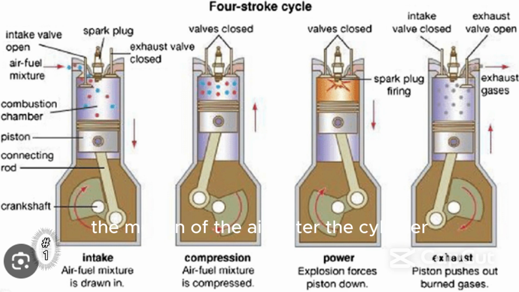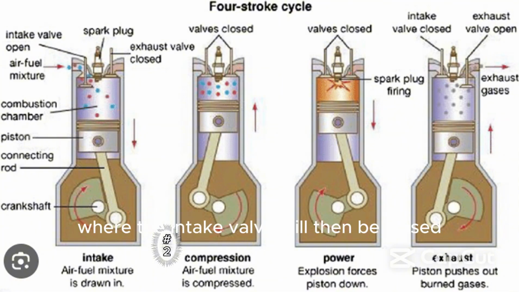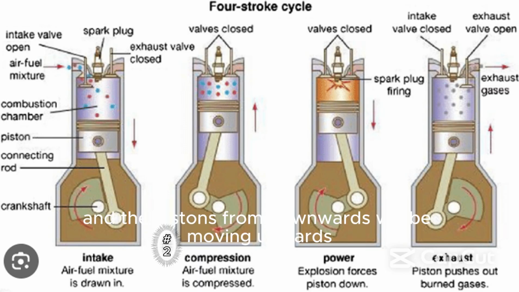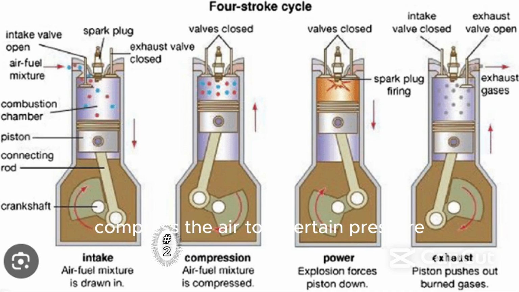The motion of the air entering the cylinder will push the piston downwards. Then we go to the compression stroke, where the intake valve will be closed and the piston, from downwards, will be moving upwards, compressing the air to a certain pressure at a high temperature.